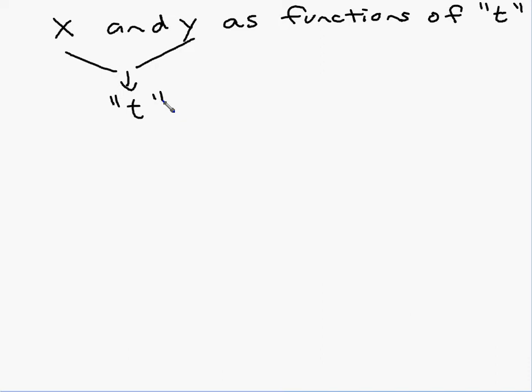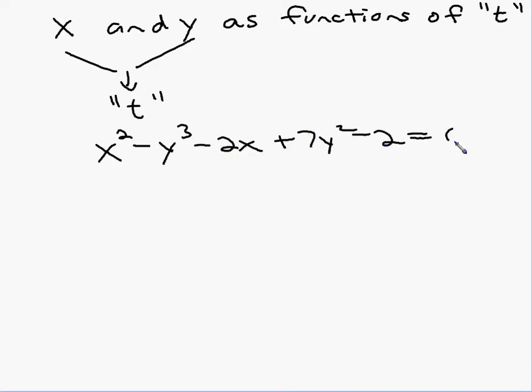And so we're going to have to use implicit differentiation. We're going to get an expression that's going to have x's and y's in it. Like, let's say that I had x squared minus y cubed minus 2x plus 7y squared minus 2 equals 0.